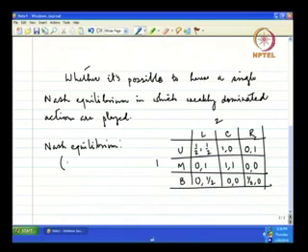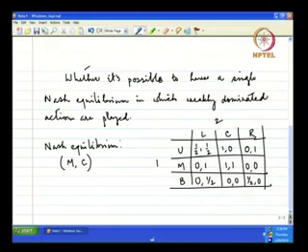Which is at MC. This is a Nash equilibrium because given that player 2 is playing C, if player 1 plays M, he gets 1. If he deviates, he gets either 1 by playing U, or he gets 0 by playing B. So, he cannot be doing better than what he is doing by playing M. From player 2's point of view, similarly, if he plays C, he gets 1.